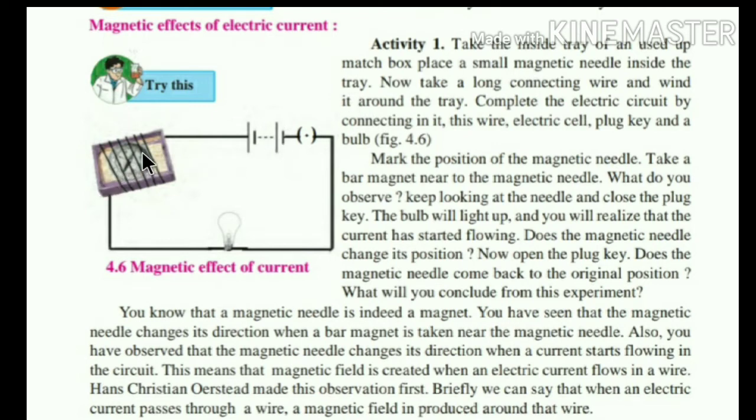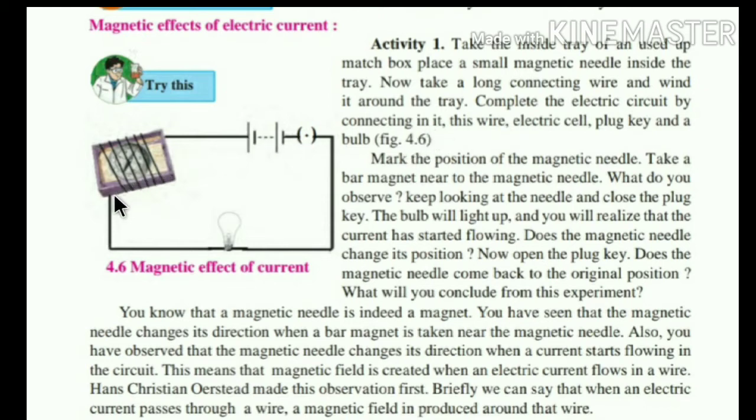This is the magnetic needle. Now take a long connecting wire and wind it around the tray. Complete the electric circuit by connecting it.